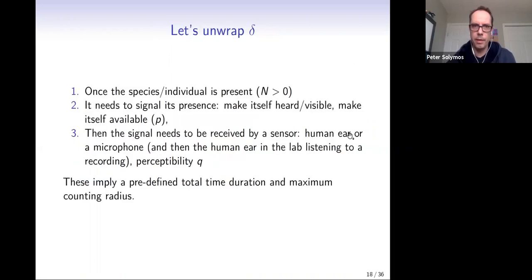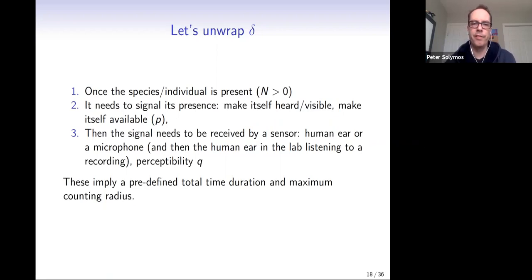So we have these conditional steps involved. If there are multiple individuals present, which means n is greater than 0, then we need some kind of signal to be able to detect them. We can either hear or just through looking at them, they move around, and as a result, we spot them.